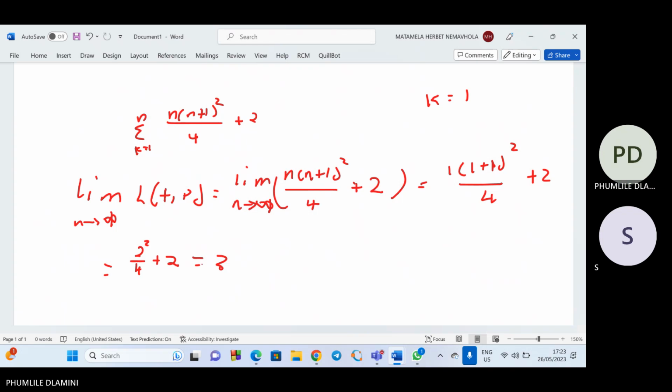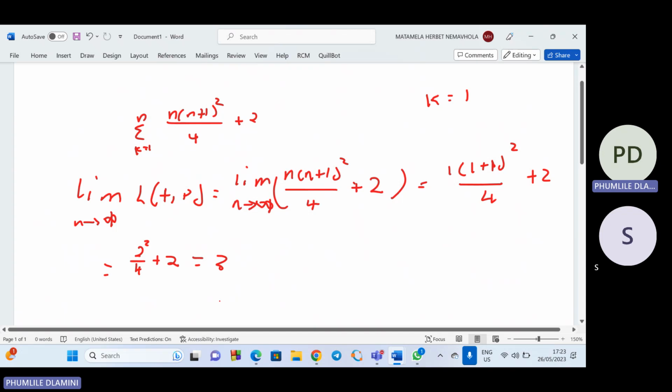Then, if you check before, in our partition, we started with L of f with P, where P started at 0, f of 0, but ended at f of n minus 1, f of 1.